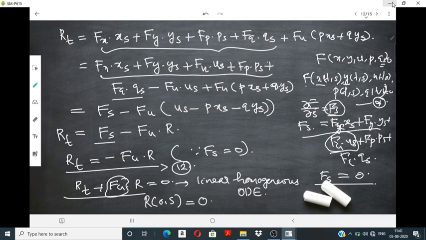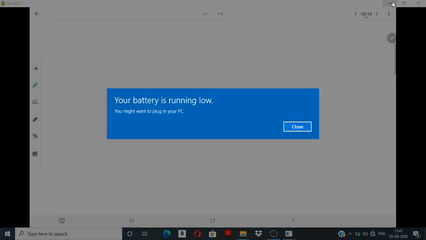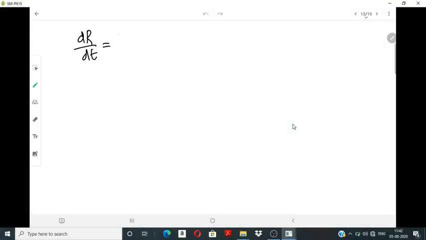So by variable separable method we can find the solution. rt means dr by dt is equal to minus fu into r, isn't it?